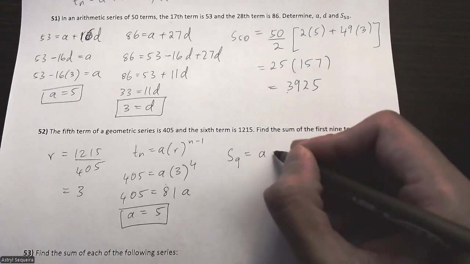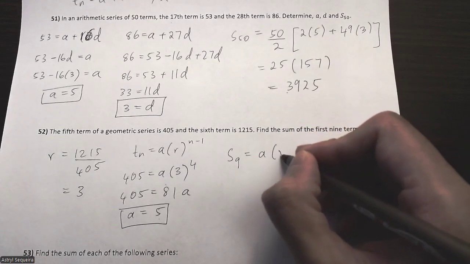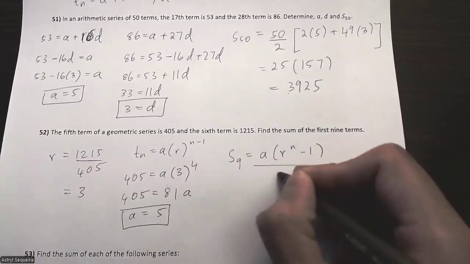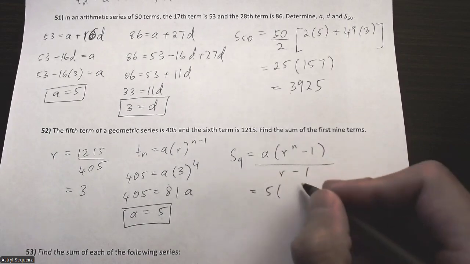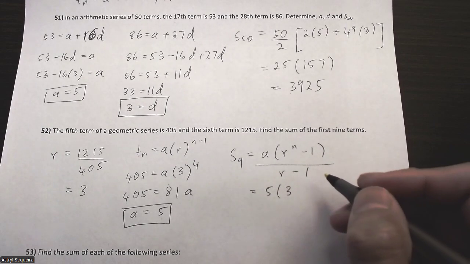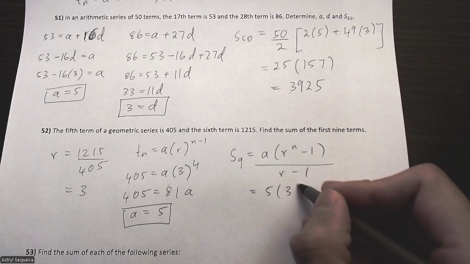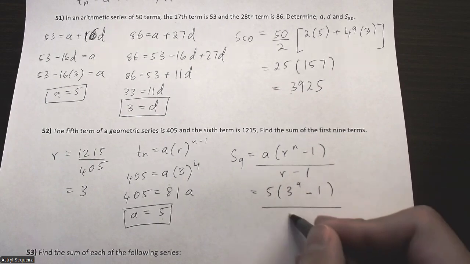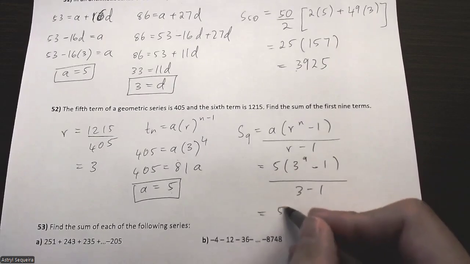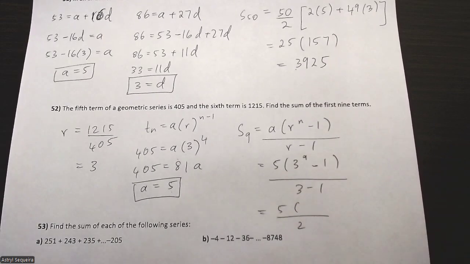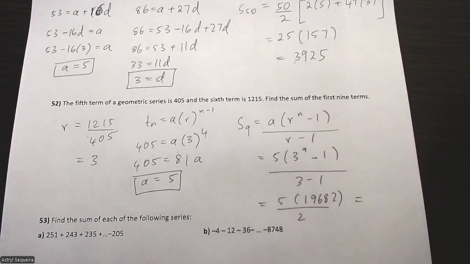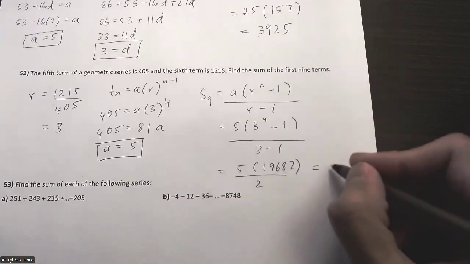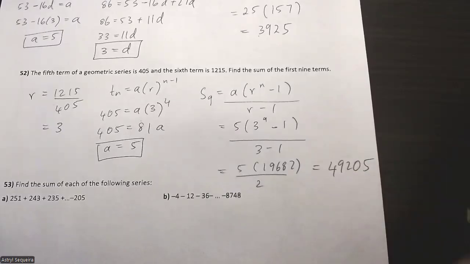That's just a times r to the n minus 1 over r minus 1, which is 5 times 3 to the power of 9 minus 1 over 3 minus 1, which is 5 times something over 2. 3 to the power 9 minus 1 is 19682. And then if I do this entire calculation in my calculator, I just end up with 49205.